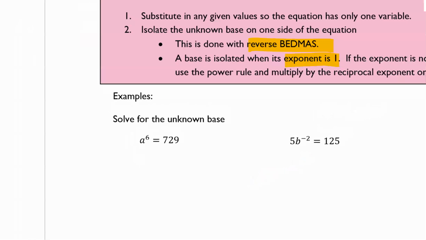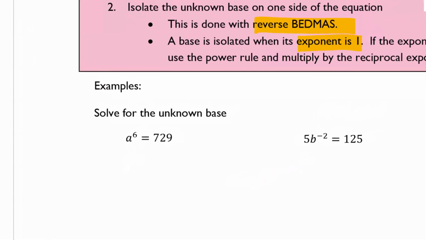So the steps are: isolating the base. In this case, the base is isolated. The second step is to multiply that exponent on the base by the reciprocal. The reciprocal of the number 6 is 1 over 6, because if I multiply these two, 6 times 1 over 6, I'm going to get 1.